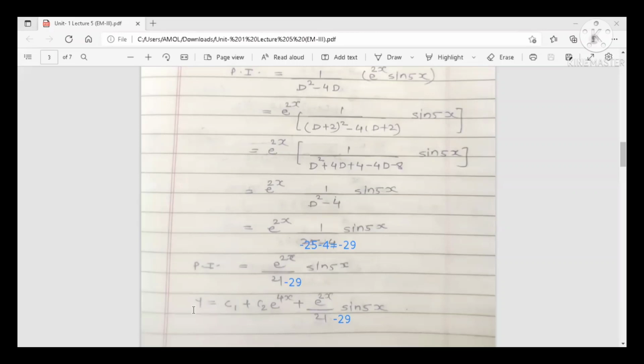And so the general solution is y is equal to CF plus PI. CF is here c1 e raised to 0x. e raised to 0x is 1. So you just write here c1 plus c2 e raised to 4x plus e raised to 2x upon minus 29 into sine 5x. So this is one correction here.